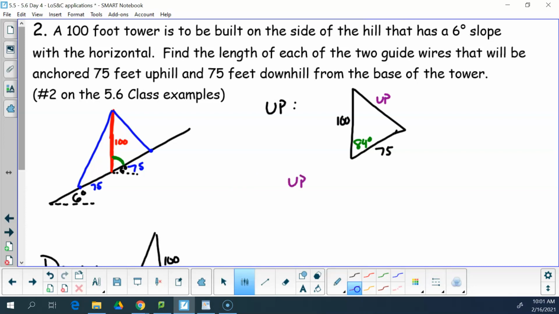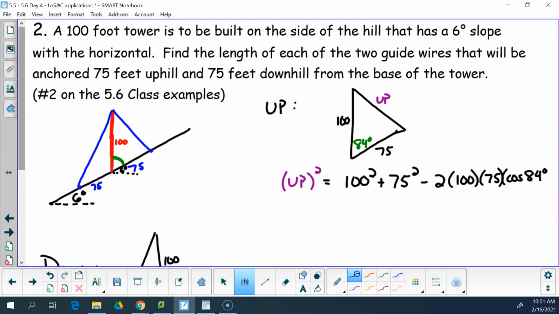So up squared is going to be 100 squared plus 75 squared minus 2 times 100 times 75 times the cosine of 84 degrees.